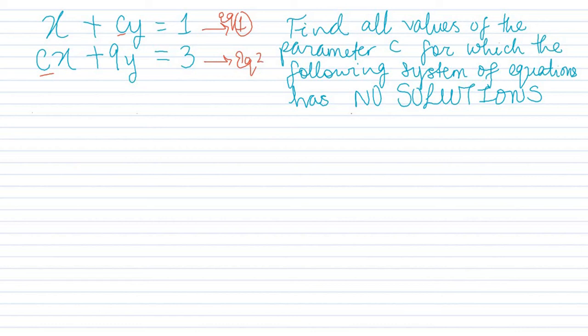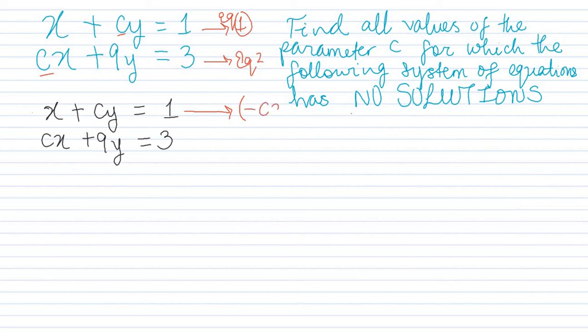That's how you simplify a system of equations problem. So in order for us to simplify this, one thing we can do is rewrite the question: x plus cy equals 1 and cx plus 9y equals 3. You're going to multiply the top equation by negative c, and this is the thing you get.